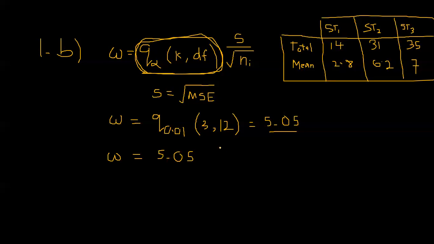And then you insert the value of S divided by square root N. So S is equal also to square root MSE. So what is the value of MSE? Please refer back to your ANOVA table. The square root of MSE, you will get 1.40.